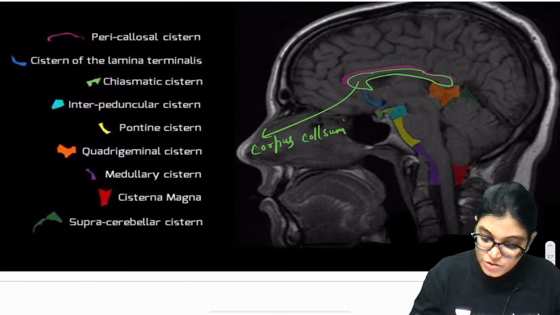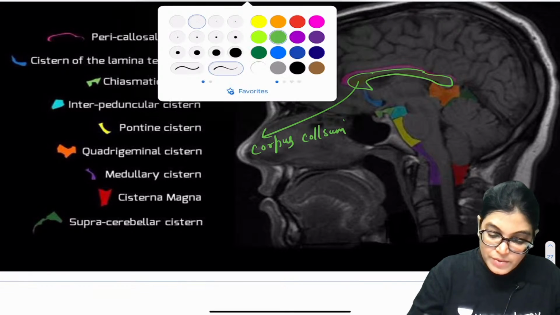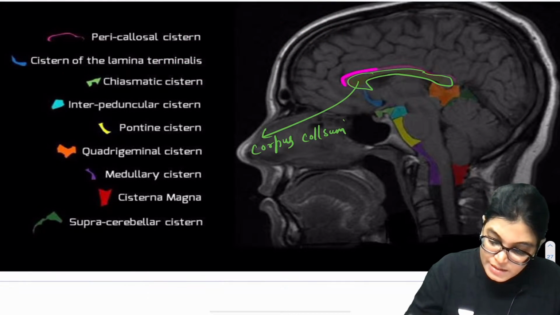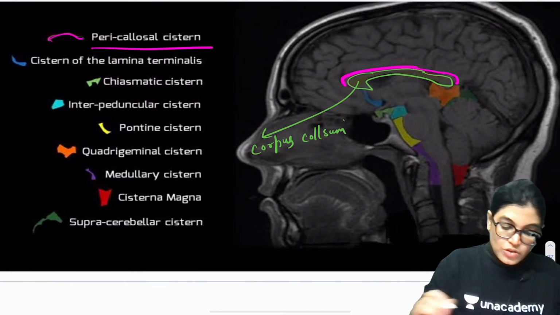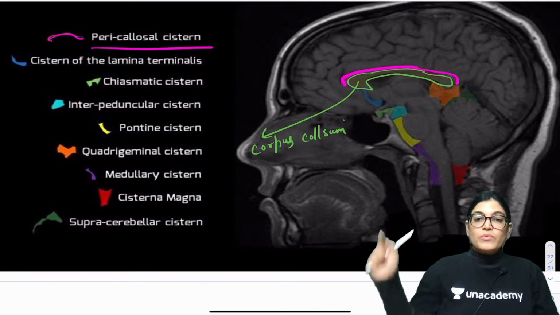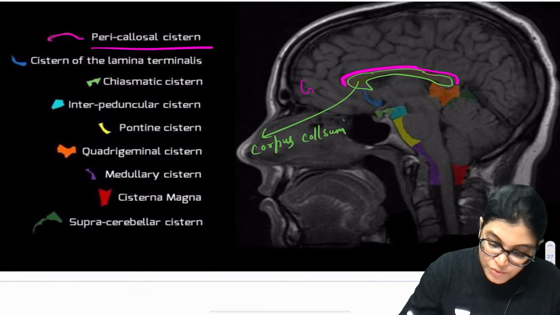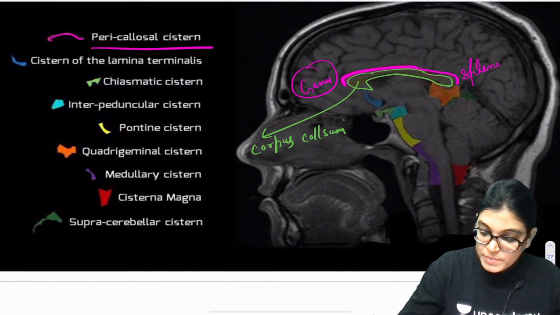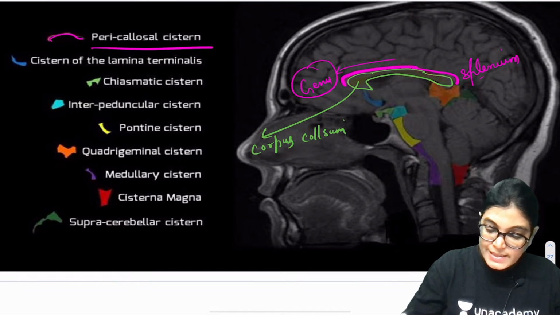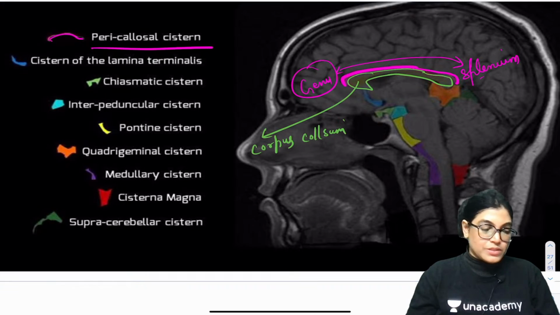This whole structure which you are seeing here is the corpus callosum, and just above it, as shown in pink color, is the location of the pericallosal cistern, surrounding the superior aspect of the corpus callosum, running from the genu end to the splenium part of the corpus callosum. So, this is the whole extent of the pericallosal cistern containing the pericallosal arteries.